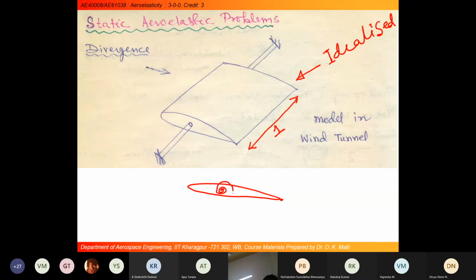Let's say this is our aerofoil, with a unit span, and this spring has a stiffness, let's say k theta. We'll derive the aerodynamic characteristics from the aerodynamics point of view, and also consider the structures point of view.